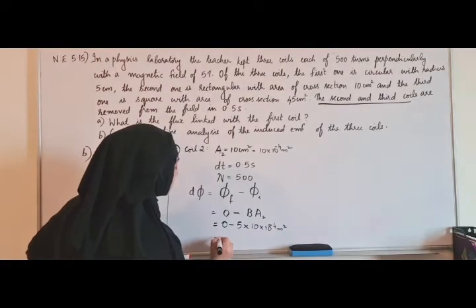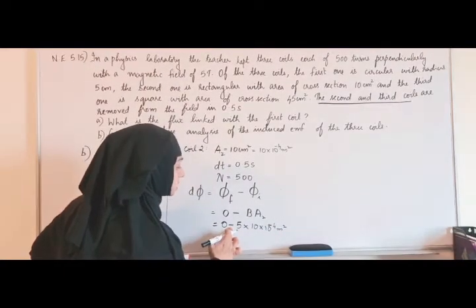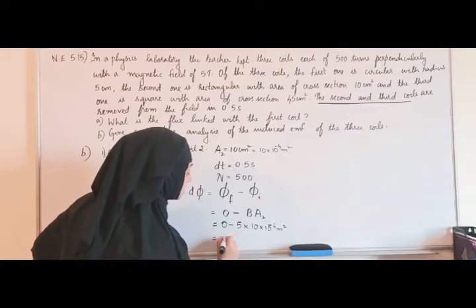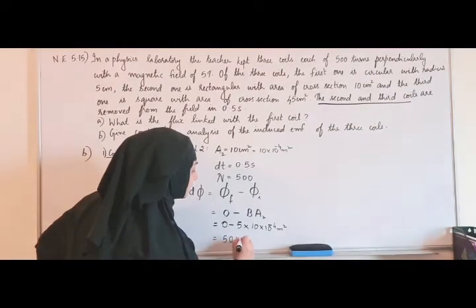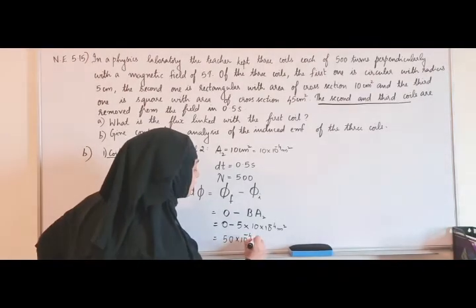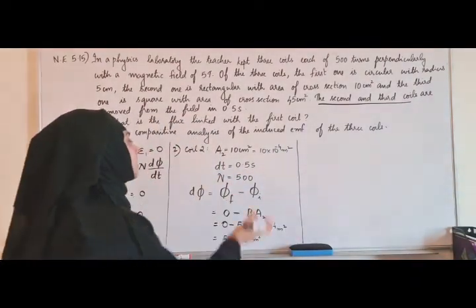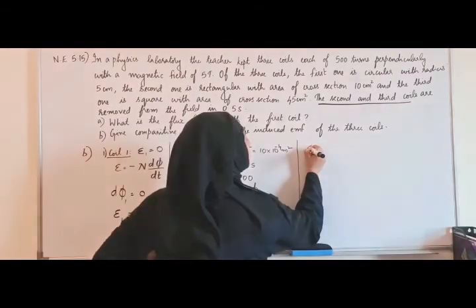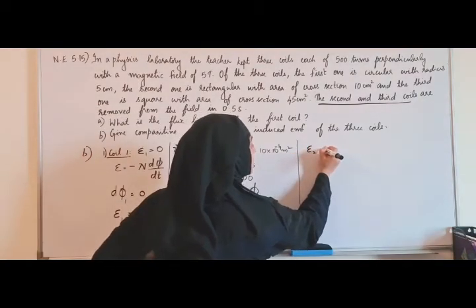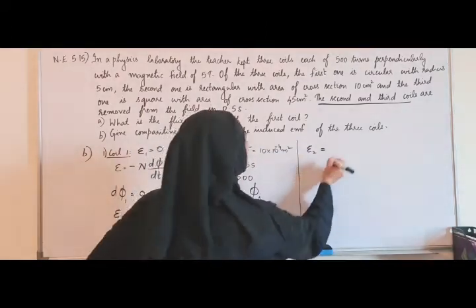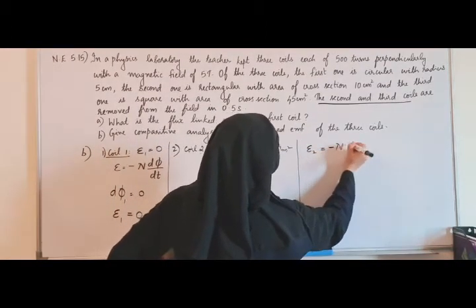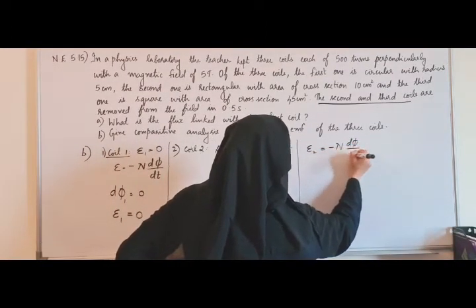So, I will get d phi is equal to, there is a negative sign here. So, 5 times 10 is 50. 50 times 10 raised to minus 4 meters square. Therefore, putting all these values in the equation to find EMF for the second coil, EMF for the second coil is equal to minus N d phi by dt.